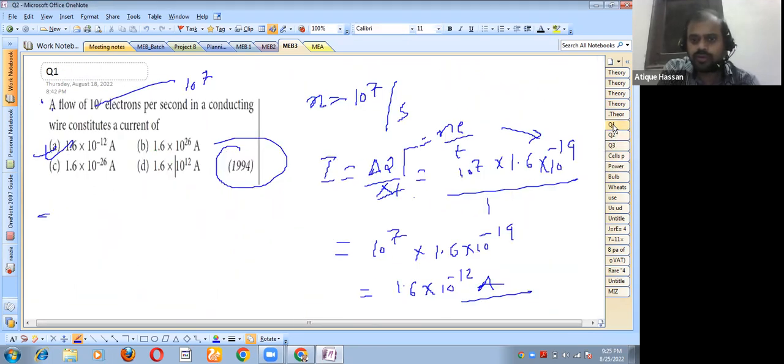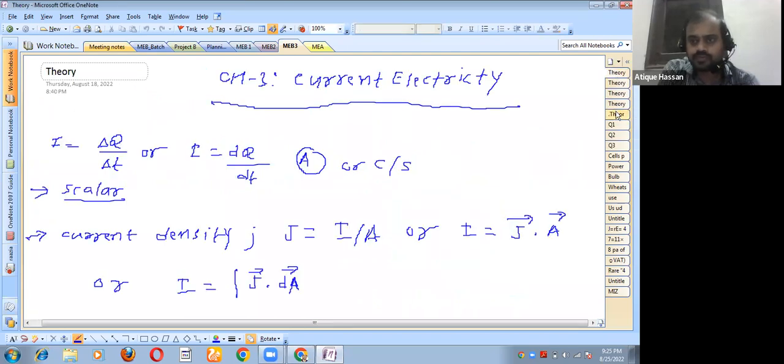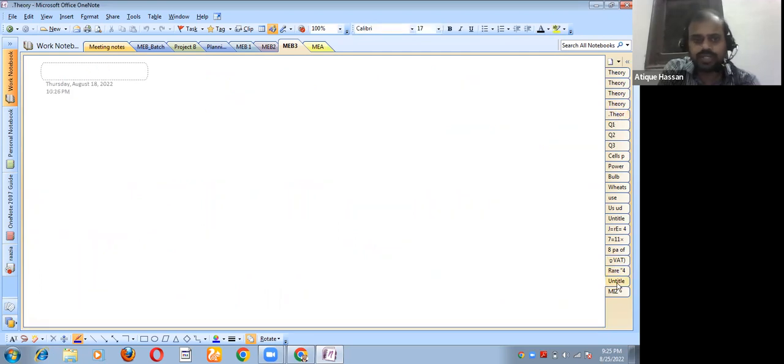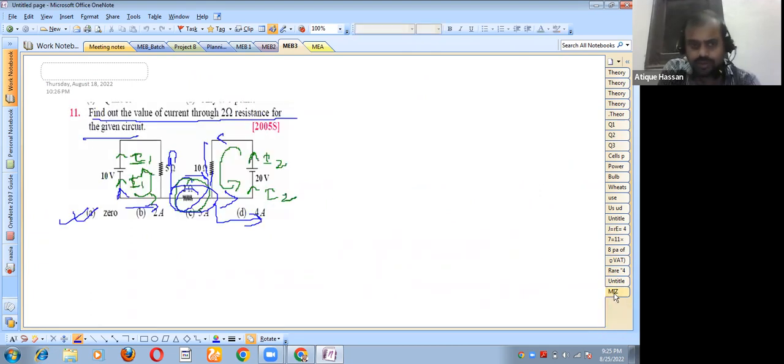Now we will do the formula for combination of cells. So let us do the theory for combination of cells. As we have combination of resistors, in a similar way, we also have combination of cells.